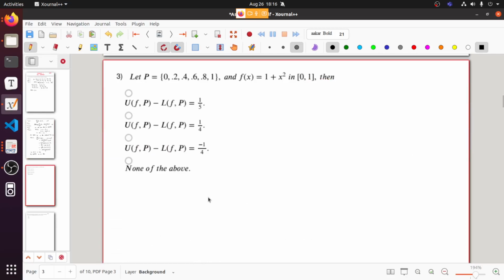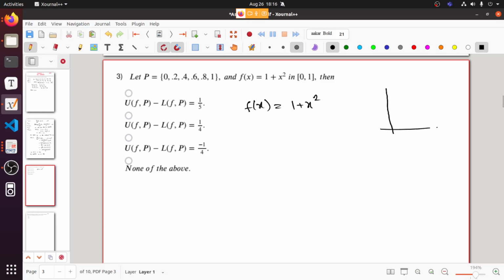Now move to question number 3. What is it saying? A partition is given and a function f equals 1 plus x square in 0, 1 is given. Now you have to find the difference between UPF and LPF. So what is the function? It is f of x equals 1 plus x square. How does this function look?